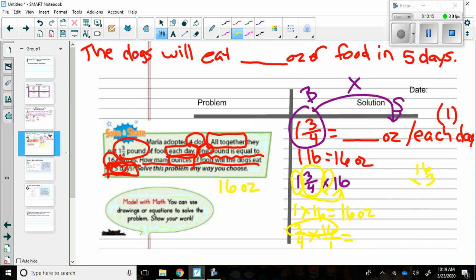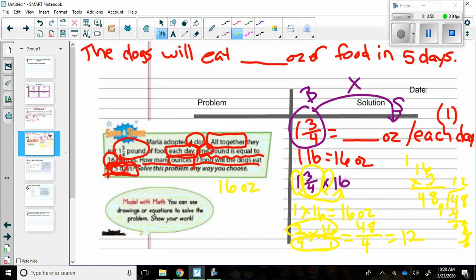So 16 times 3, 6 times 3 is 18. 1 times 3 is 3 plus 1 is 4. It's 48 over 4 times 1 is 4. And I know, I'll do it here anyway, but 48 divided by 4, 2 times 4 is 8, equals 12.